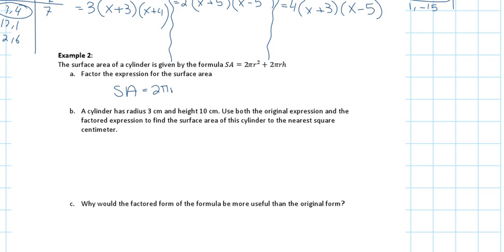H. 2 and 2 cancel, pi and pi cancel, r and r cancel, so I'll be left with h. So my greatest common factor is 2 pi r, and then my leftover is r plus h. So it's 2 pi r times r plus h.